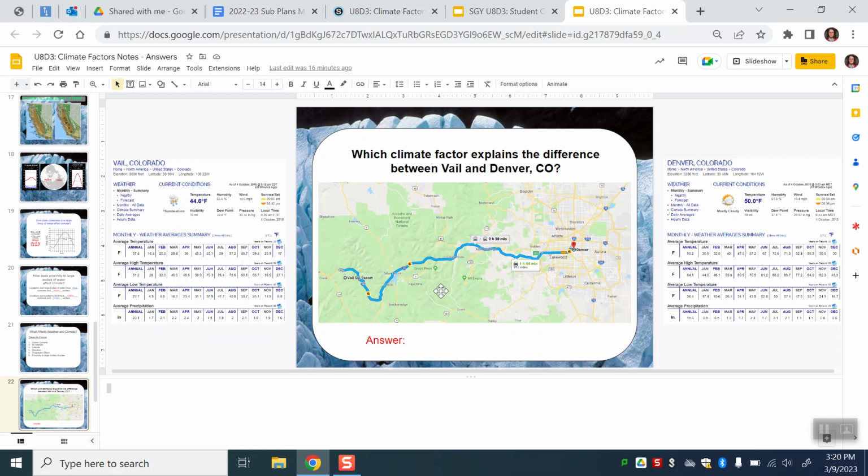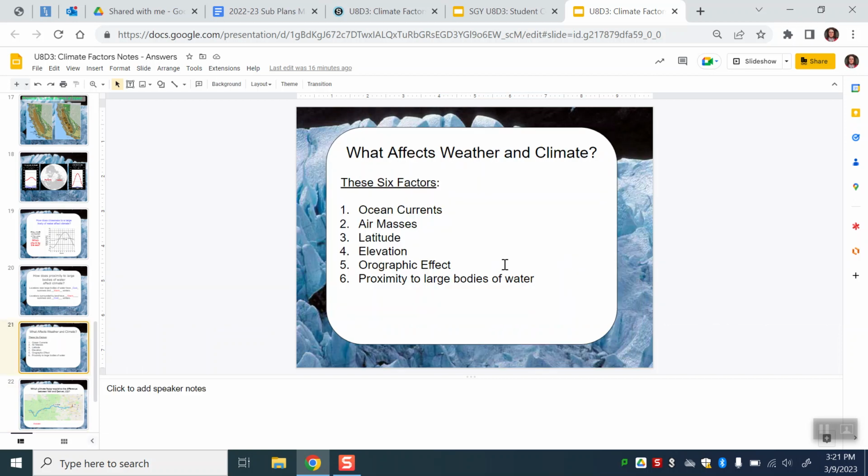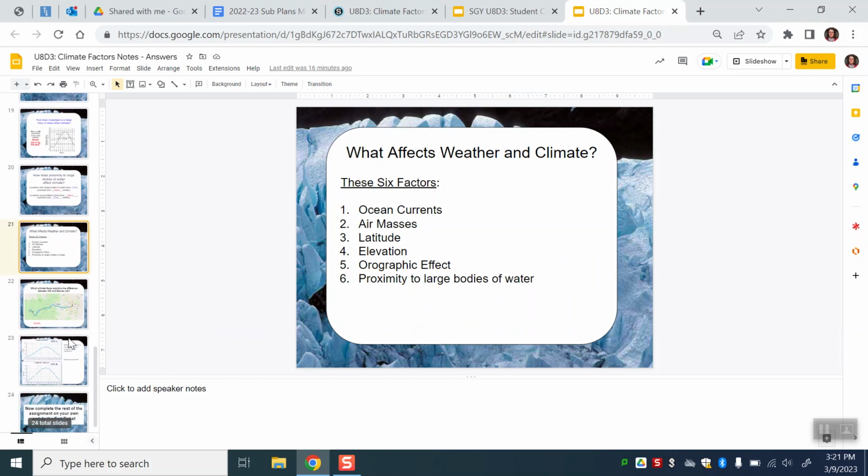Well, what's the climate effect that's predominantly the difference between these two cities? Elevation, the elevation effect. So you would write it down here, the answer, elevation. So think about your different climate factors and which one applies to the cities that you see.